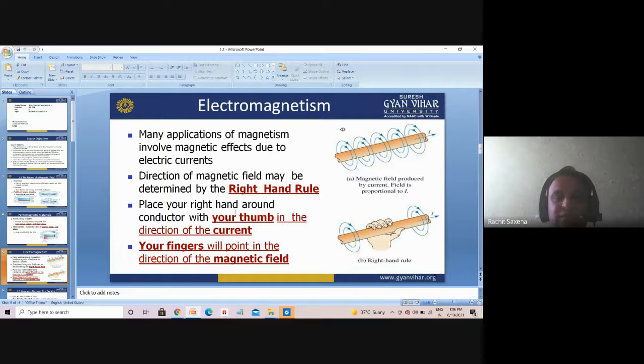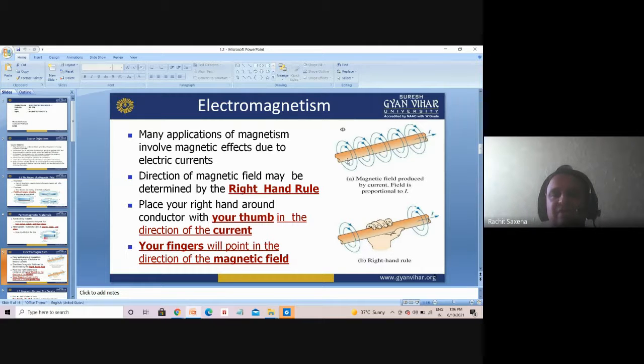Now here, electromagnetism. In the previous lecture I told you about electromagnetism. It is represented by the Biot-Savart law. For example, if we flow current in a coil, then we find a magnetic field surrounding that coil. Why is it so?